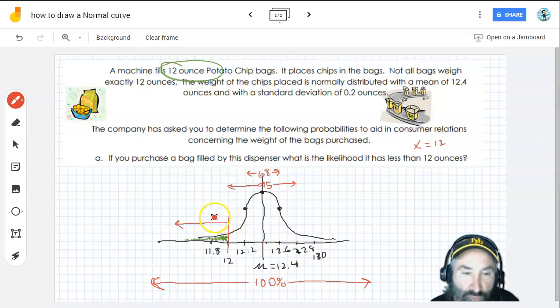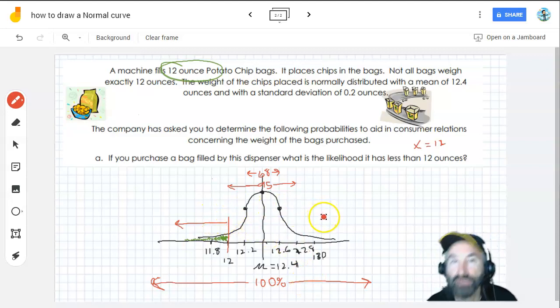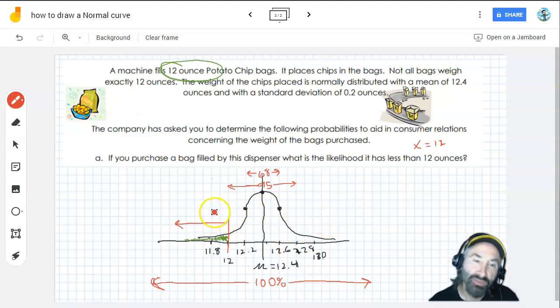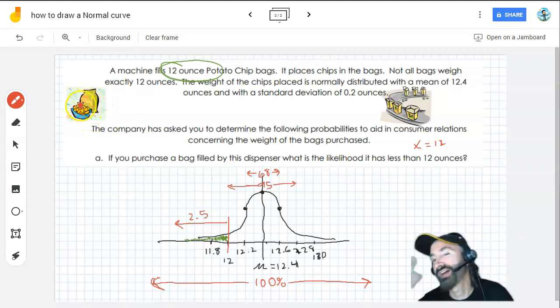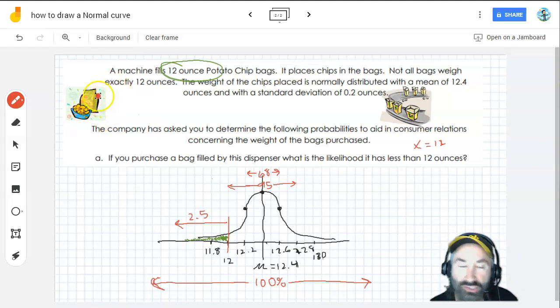So this part plus the part over here should be 5%. If the two parts are 5%, then each part should be 2.5%. And that's how I'd like you to figure it out. I know we've already seen that you can have values like 2.35 and 0.15, but that's ridiculous to try to memorize, in my estimation.